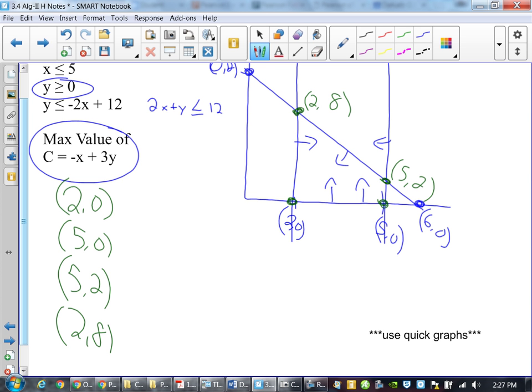So what I'm doing now is just substituting in 2 and 0 to our constraint function. Negative 2 plus 3 times 0. Negative 5 plus 3 times 0. Negative 5 plus 3 times 2. And negative 2 plus 3 times 8.